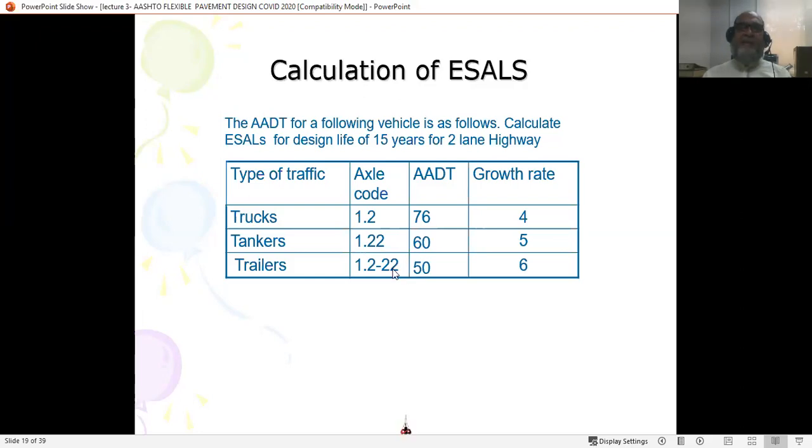And this truck has 1, 2, 3 and 4 axles. Average annual daily traffic was estimated as 76, 60 and 50. The growth rates are 4, 5 and 6 respectively. This is very simple. Normally you don't have more than 4%, 4.25%. That's it on our routes.